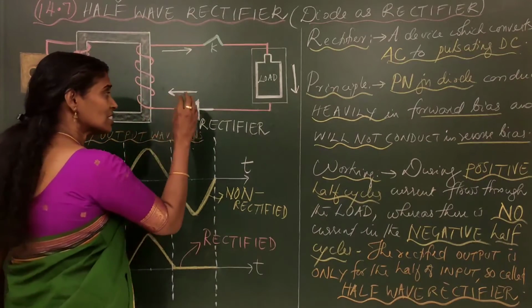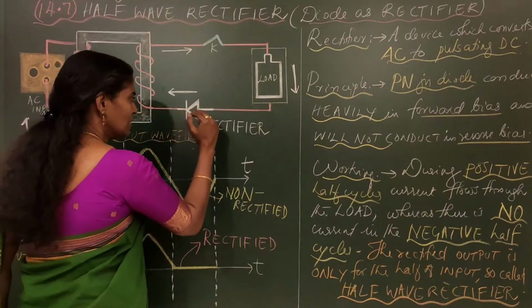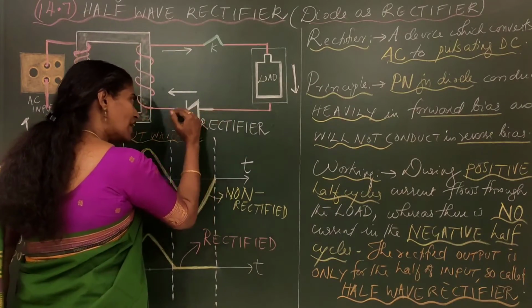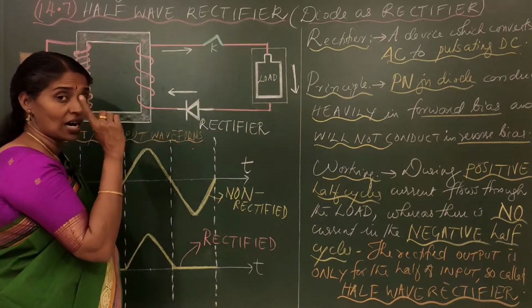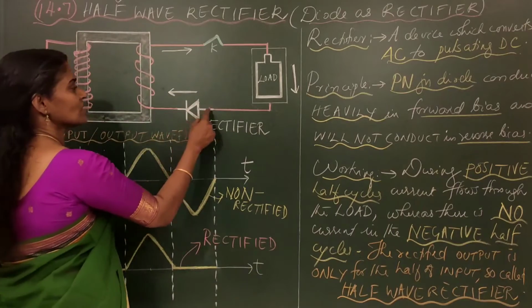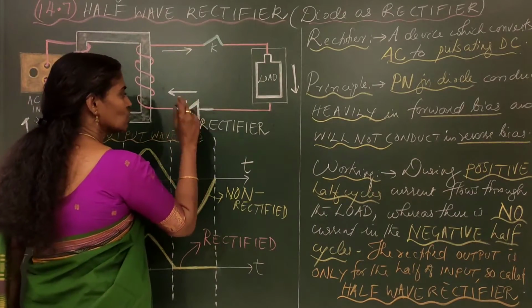The arrow itself says crystal clear that current is allowed to pass only in this particular direction inside the diode. That is the significance of the arrowhead.